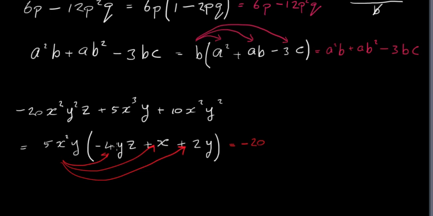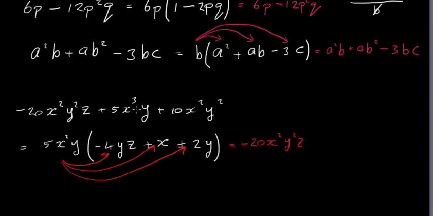X squared, there's no x squared here, so I'm just going to put in an x squared here. We have a y times a y, that'll give us y squared. And then we have this z here as well, so I need to put in the z here. Is this the same as our first term? Well, we have a minus 20 x squared y squared z. Minus 20 x squared y squared z. So this is the same as our first term, so that works anyway.